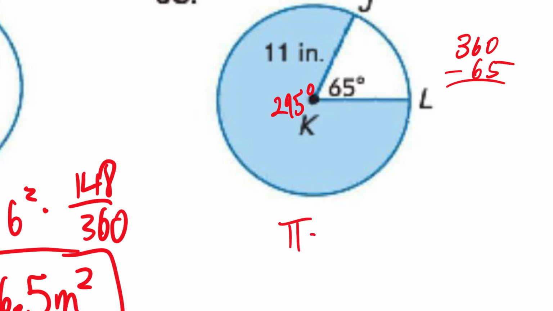Right, so I'm going to do pi times 11 squared times 295 over 360. What does that give you? 311.5.